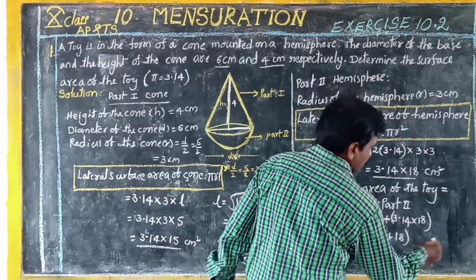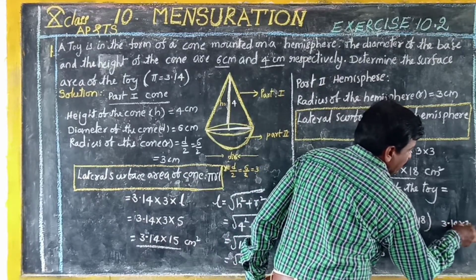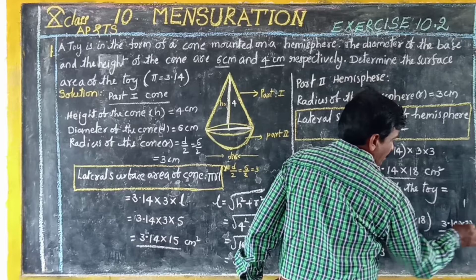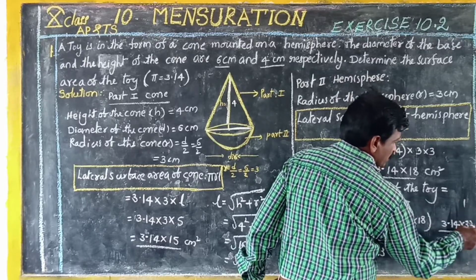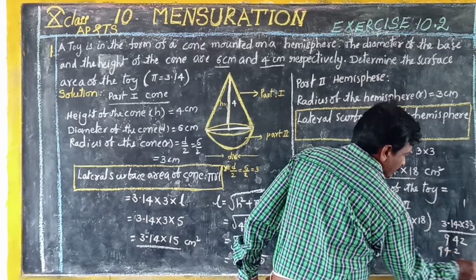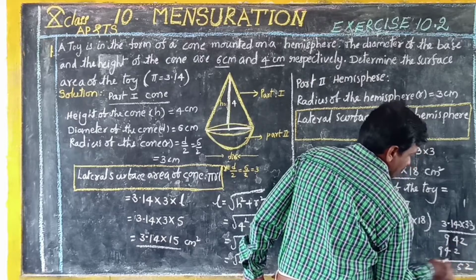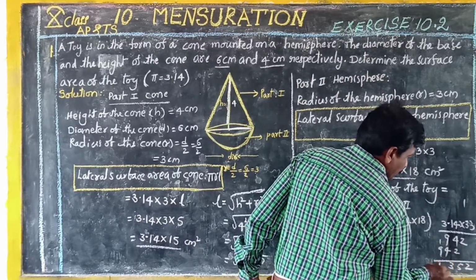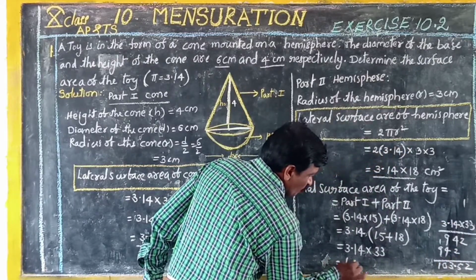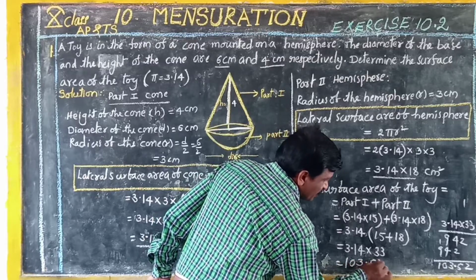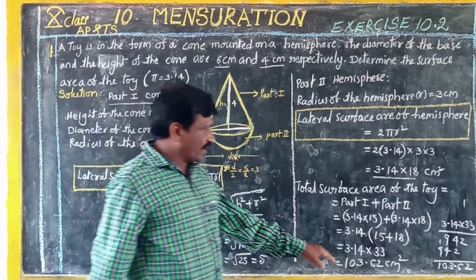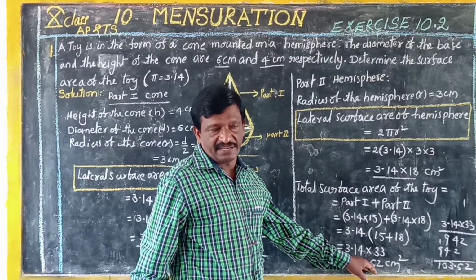You will multiply 3.14 into 33. 3 times 4 is 12, and so on, with the decimal point placed after three digits. The answer is 103.62 centimeters square. Total surface area of the toy is 103.62 centimeters square.